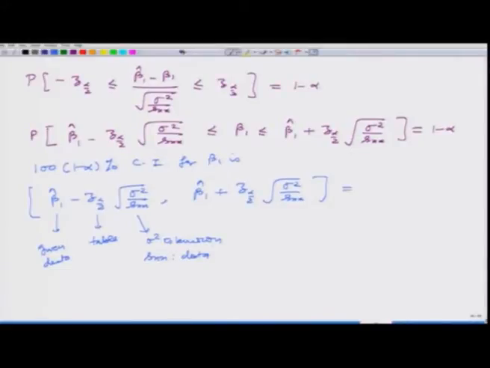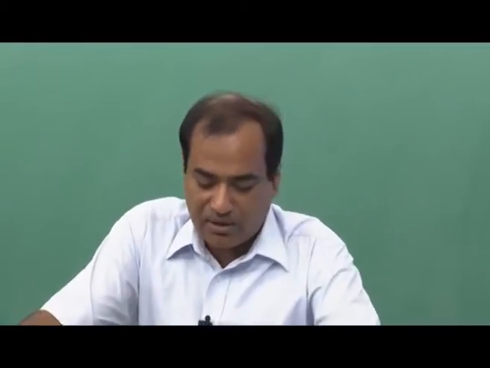So, this is equivalent to having obtained the Lx and Ux, which are functions of the sample values x1, x2, ..., xn, and this interval can be obtained on the basis of the given sample of data. So, this is our 100(1 minus alpha) percent confidence interval.